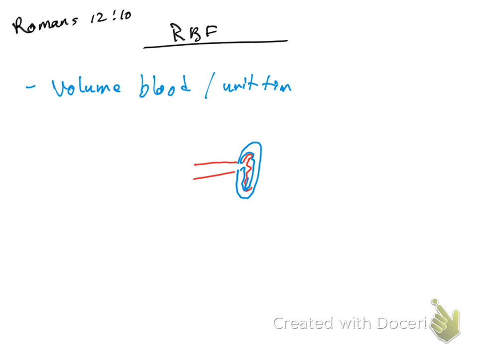The point here is that the renal blood flow we are talking about is dependent on the pressure that goes through the renal artery, for example, or through the renal vein. Let's draw the renal vein here on the side so that we don't get confused.